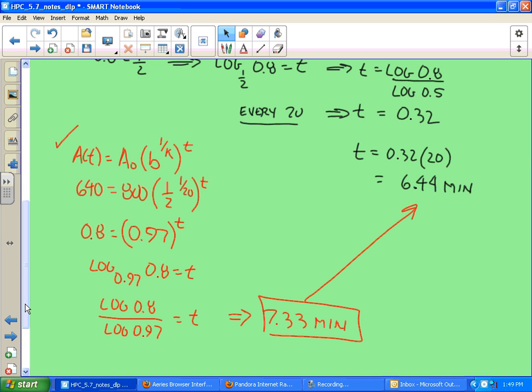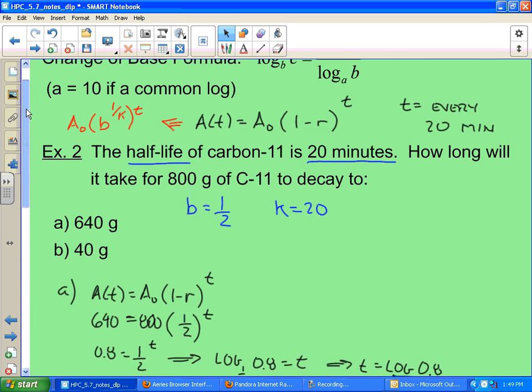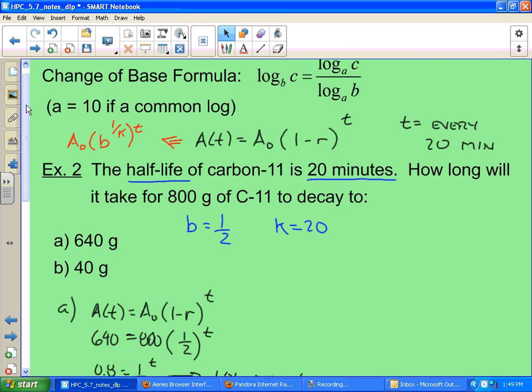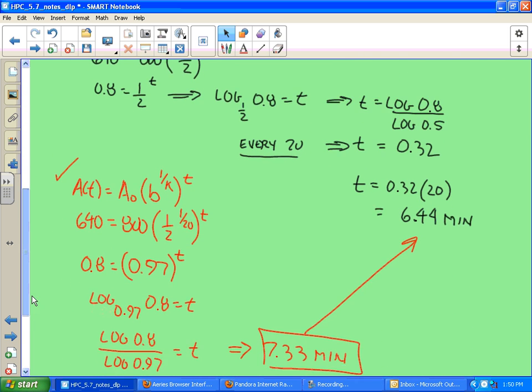But if your process is set up, and if you had set up the black equation and you made the statement, I'm going to use my A sub t equals A sub 0 times 1 minus r to the t because I know that t represents every 20 minutes, or if you set up the red equation, you're good.